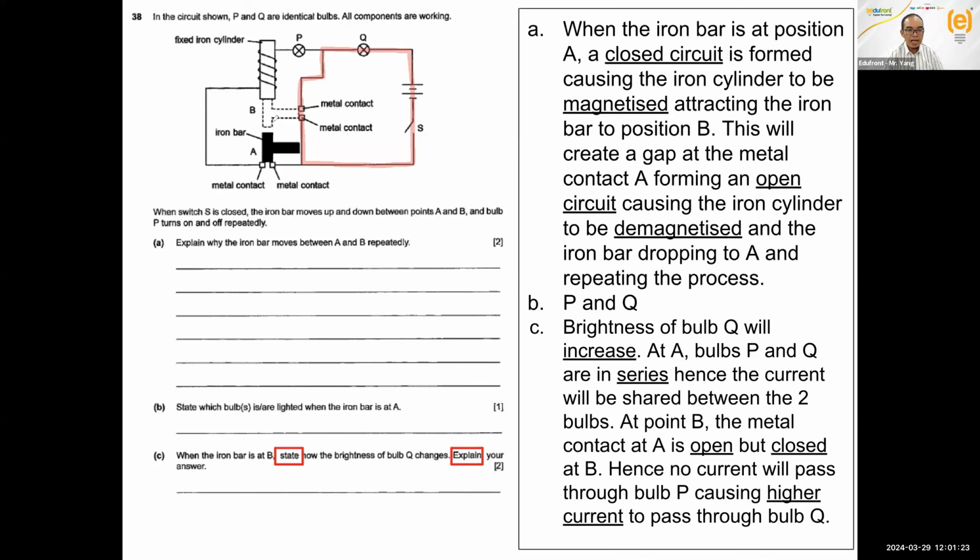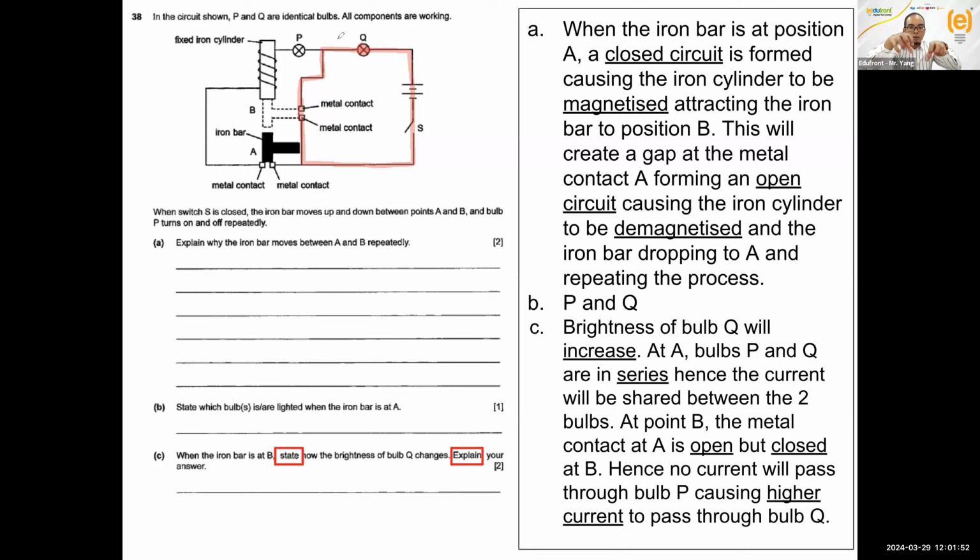When the iron bar is at point B, this is where the flow of electricity is, and it is covering only bulb Q. Bulb P will not be lighted. So now, for the same number of batteries, it only needs to light up 1 bulb. Compared to the previous, when the iron bar is at point A, it needs to light up 2 bulbs.